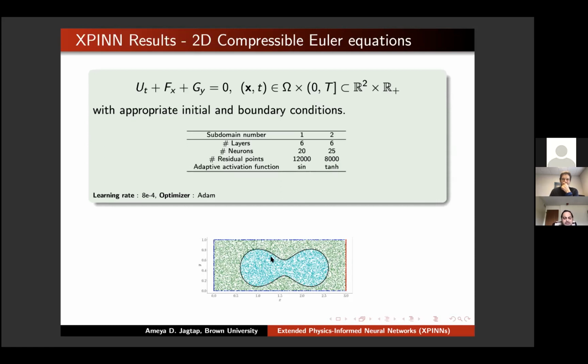Apart from the measurement loss given by the boundary conditions, not all, but just these blue points here, we are also enforcing the data coming from the Schlieren technology. So we use the data from Schlieren, which basically gives the first gradient of density. So we enforce that data in the vicinity of the shock wave.